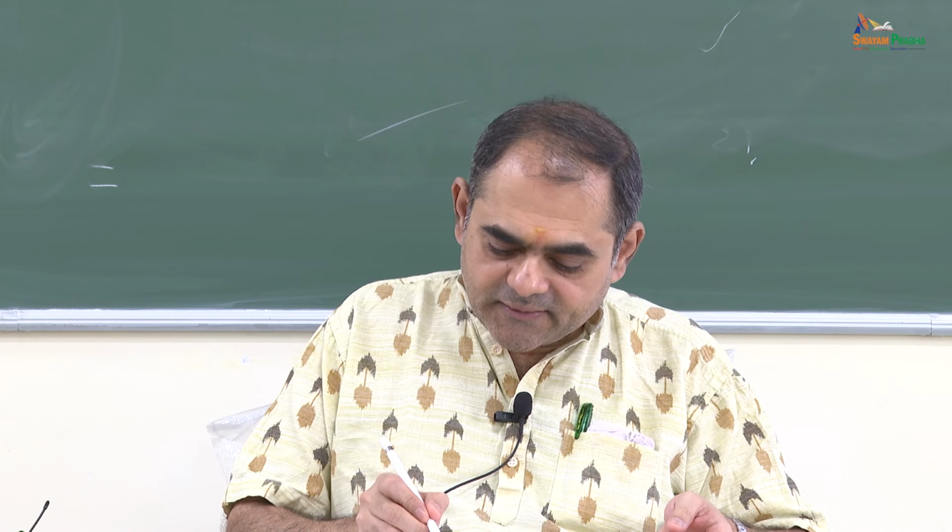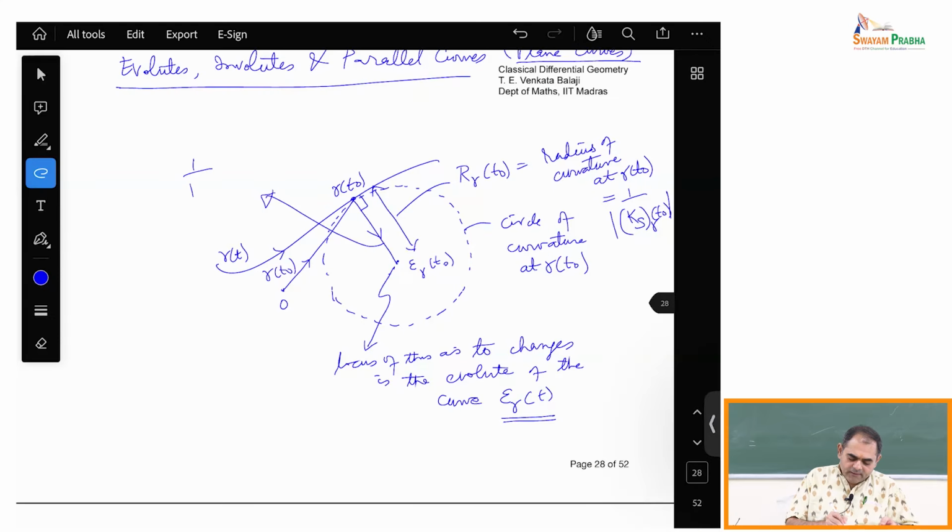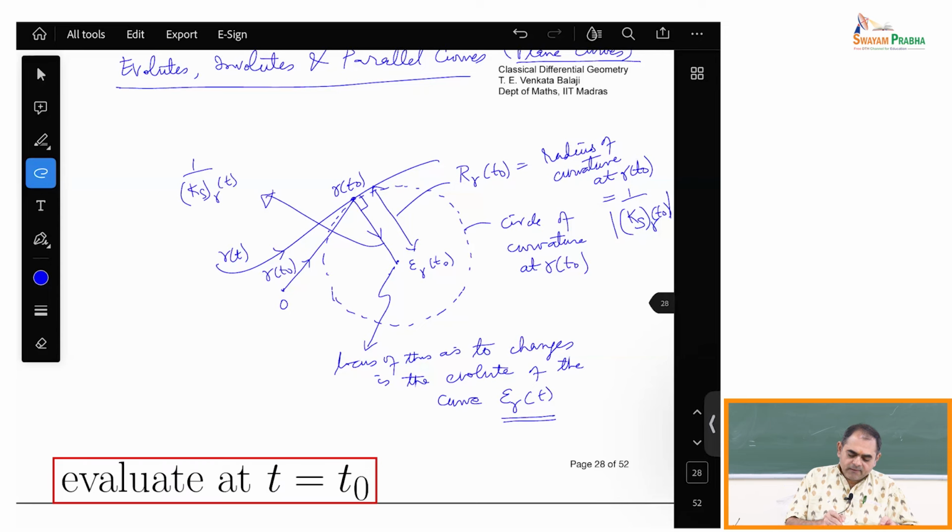So this vector here is written as 1 by k_s gamma of t times N_s gamma of t. Okay, that is how this is written.